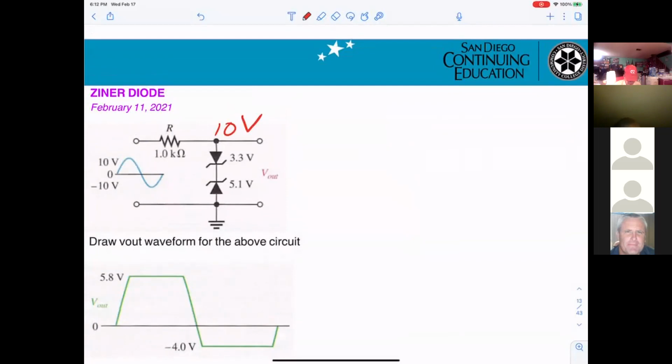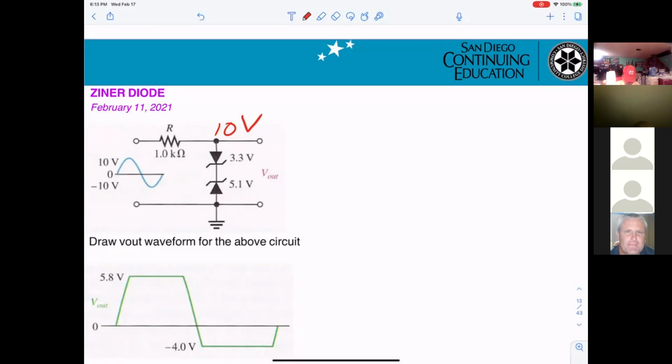So 10 volt here, basically, the first one will act like normal, that means you get 0.7. The second one will break down, you get 5.1. 5.1 plus 0.7, that's why you get 5.8.